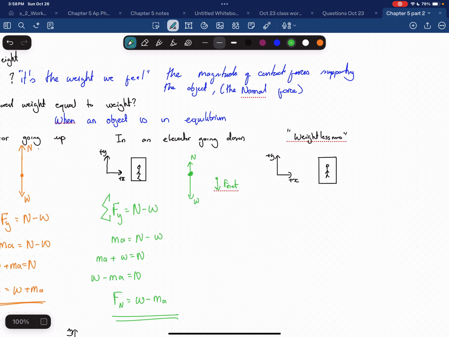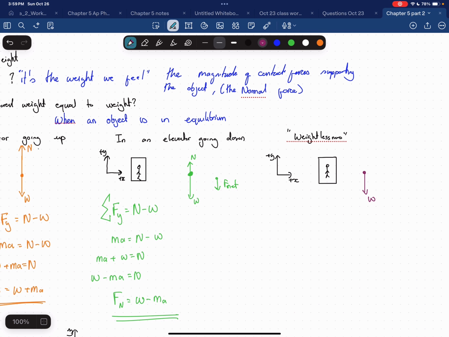Weightlessness. What's going on here? As we established, we only have weight acting on us, so let me get my free body diagram. Weight.